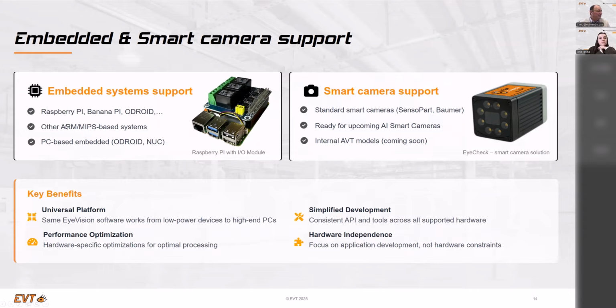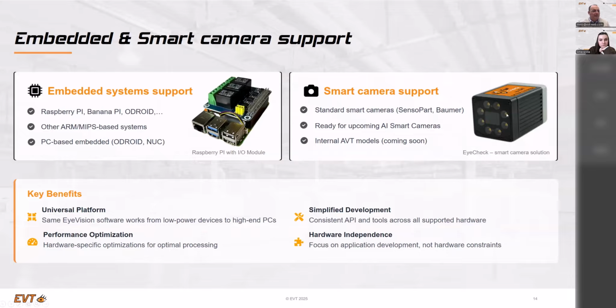Of course, you have the option, for example, to use something like a Raspberry Pi with maybe a MIPI camera, so that you have directly a very cheap system which you can integrate in your machine. As you can use a PC and a normal camera, you immediately have an advantage in the price if you do OEM solutions. Or we implemented a lot of smart cameras with an open interface, so that you have the option to use these smart cameras with the EyeVision software together to make your application.